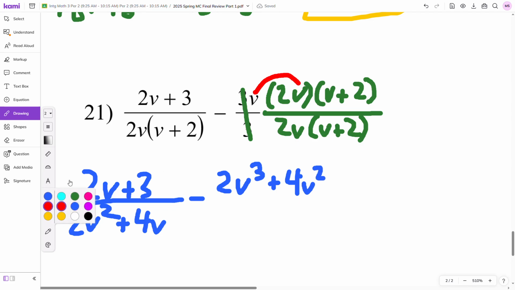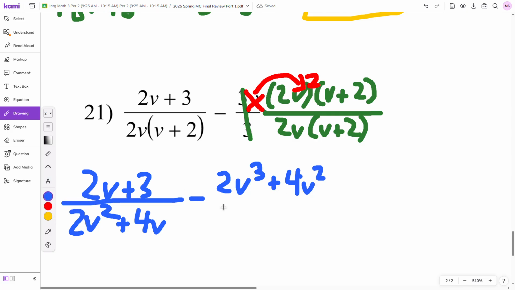Now, I think that might not be clear, but what I'm saying is this v right here goes here, and it's going to make that 2v squared, and so I can just get rid of that. And so if I multiply 2v squared times v plus 2, I get 2v cubed plus 4v squared.